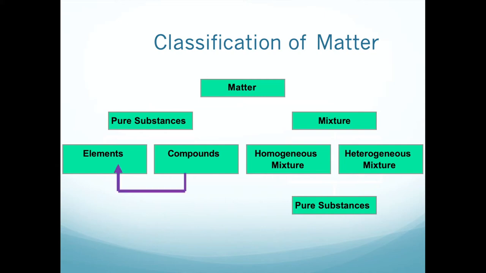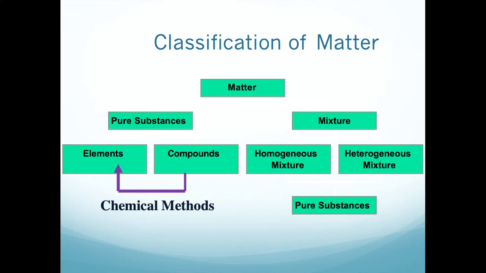And molecules can be split up into their constituent atoms, their constituent elements, using some chemical method or electricity. Okay, so a chemical reaction or electricity can get your compound molecules to be split up into their elemental atoms.